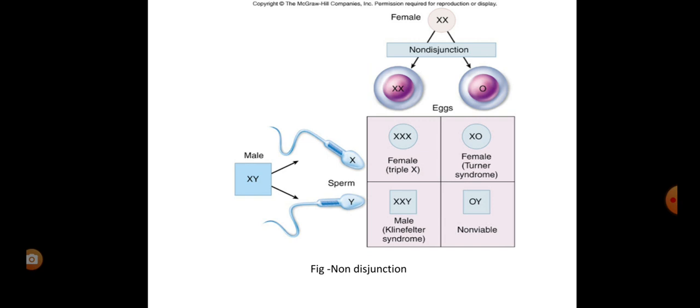And when this Y bearing sperm is fertilized with this 0 egg, it will form YO or OY, and this male also does not survive in nature, or this zygote will not divide further.